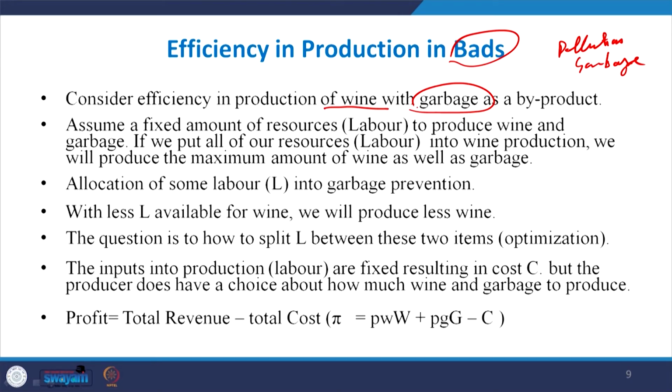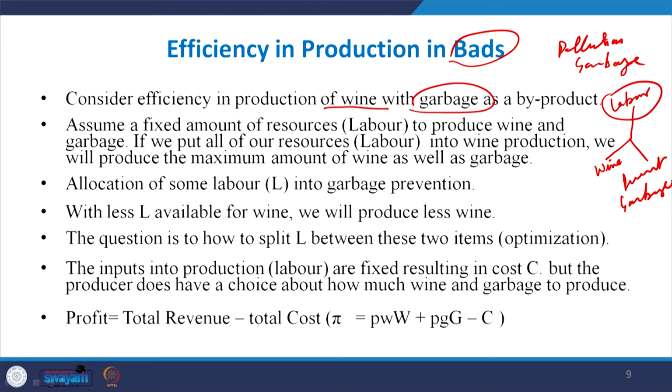Now, if the company has limited resources, labor, that can be used to produce wine, and if the entire labor is used to produce wine, then maximum wine can be produced, but at the same time maximum garbage will also be produced. So, what the company can do, a part of this labor can be used to produce wine, and part of labor can be used to prevent garbage.